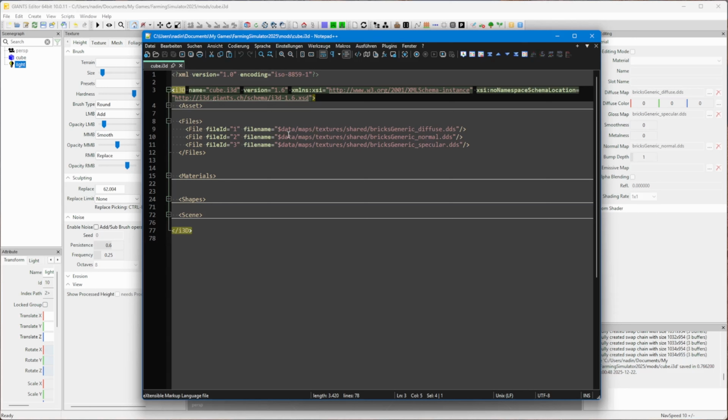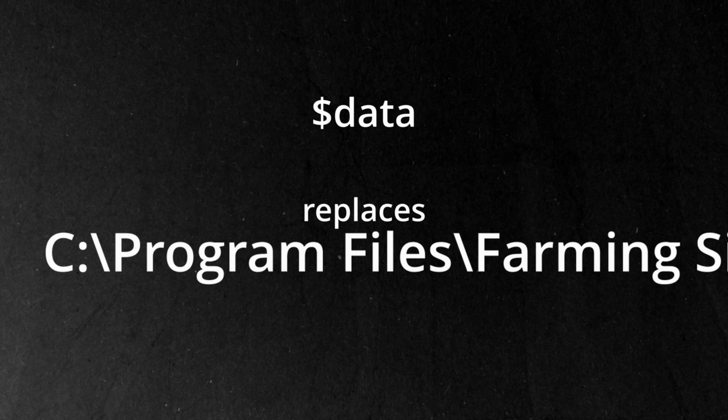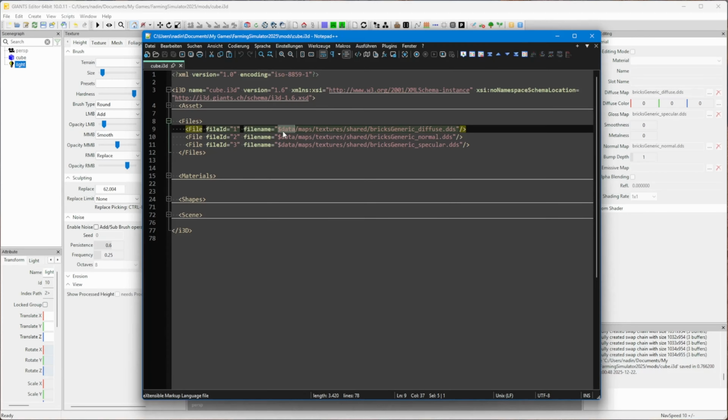Please note that it does not have the full file name in it, but instead it uses $data. $data is a placeholder which is used in the Giants editor to reference the program directory data folder. So that way you don't have to specify everything until the program directory, because it will do that automatically. You only have to specify the file from there if you use the data shortcut. And then each file also has an ID, which you see here, file ID 123.